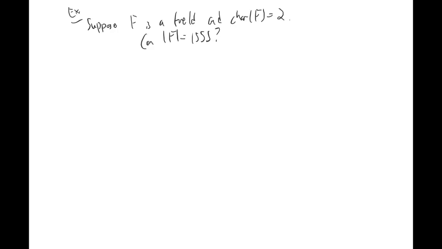Later on, you'll realize that all fields have prime power order, but for now, you don't need that. All you need is, what does characteristic 2 mean? Can anyone tell me what that means? It means 1 plus 1 is 0, right, and this is the smallest such thing. Does everyone agree?